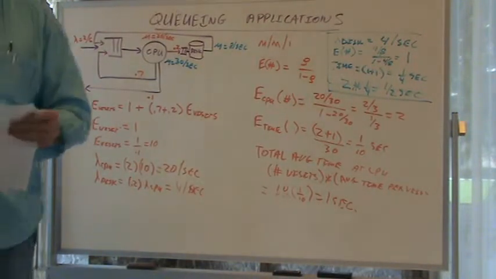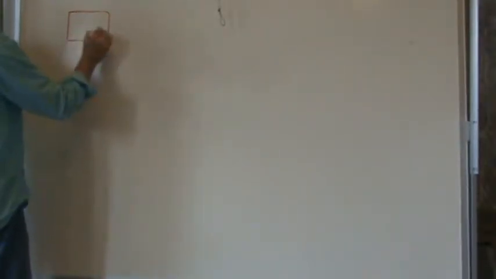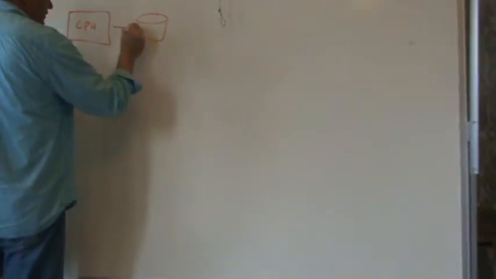Okay. So suppose the question was asked in a way where we didn't have these numbers, we're just looking at hit and miss ratios. So suppose we had this setup. We have a CPU and a disk drive, and we have a certain hit and miss ratio.